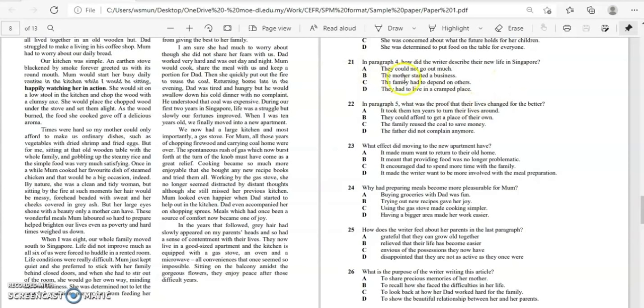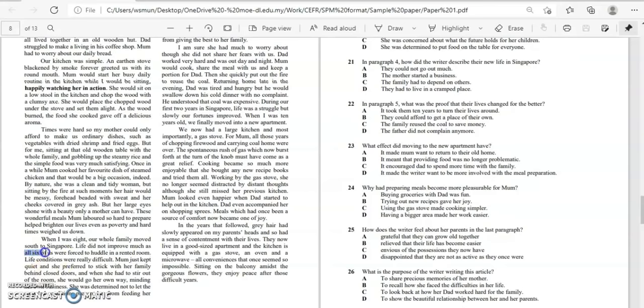Let's take the word huddle as an example. The word huddle in paragraph 4. Let's say you don't know the meaning of this word. Let's read through the sentence again. Life did not improve much as all 6 of us were forced to huddle in a rented room. So what are the clues in this sentence that tell you the meaning of the word huddle?